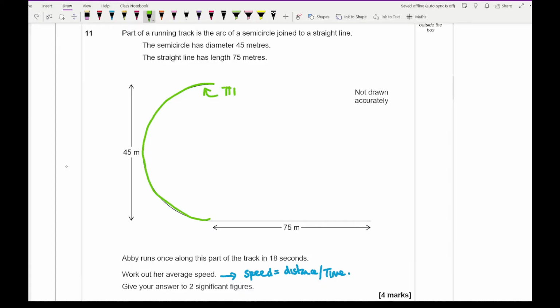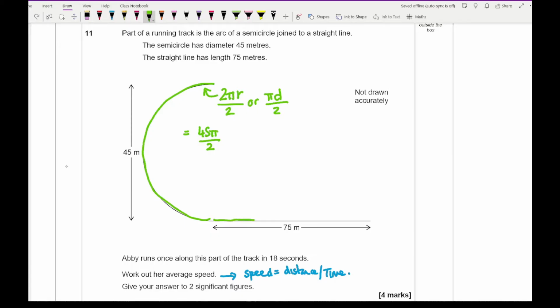That's going to be, actually, the circumference is 2 pi r, so it's going to be 2 pi r divided by 2, or pi times d divided by 2, whichever formula you want to use. So here it's going to be basically 45 pi divided by 2. That's the total length of that green line.